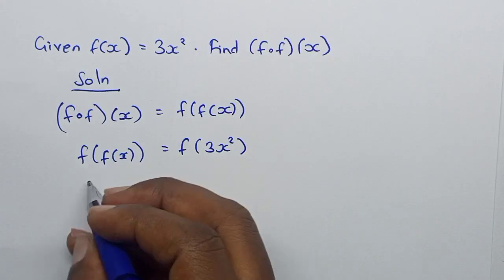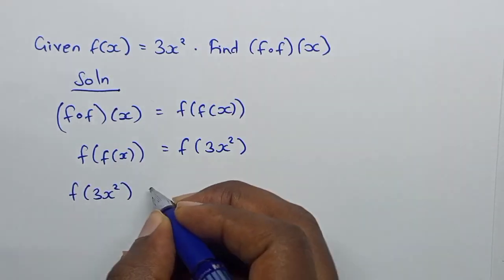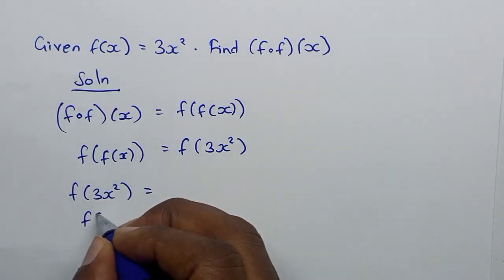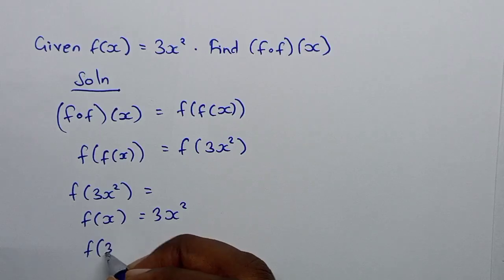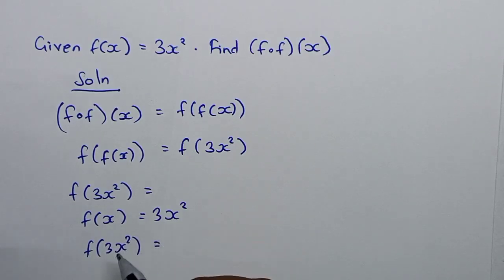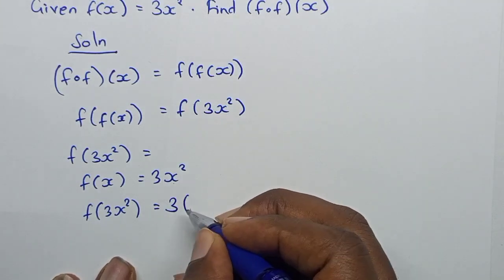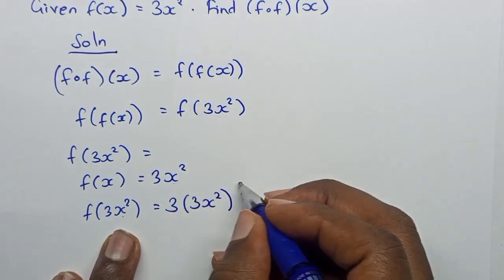Now we need to solve for f of 3x squared, remember f of x is equals to 3x squared. Therefore f of 3x squared will be equals to, where there is x you replace with this. So it will be 3 into 3x squared, squared.